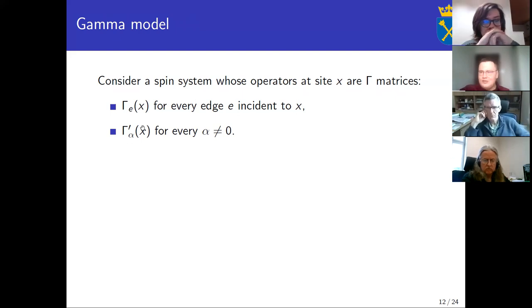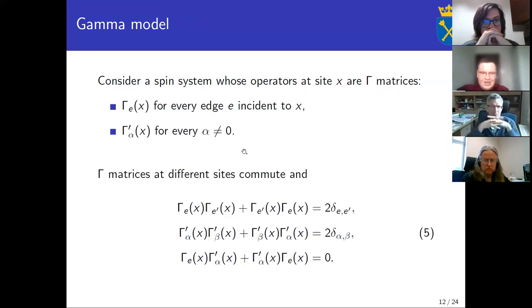There are as many of these as we have fermionic modes on the given lattice site, minus 1, because this distinguished fermionic mode with index alpha equal to 0 is ruled out because it's treated in a different way, so to say. And gamma matrices at different sites commute. So again, we have some Clifford algebras, but at every lattice site, an independent Clifford algebra.